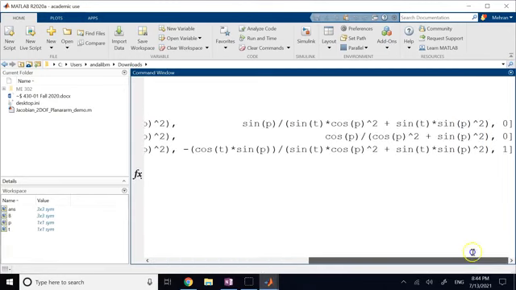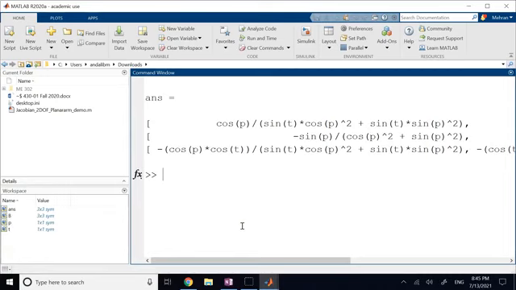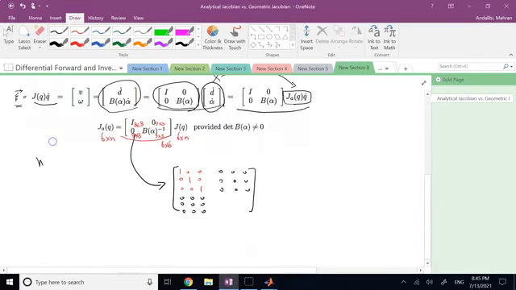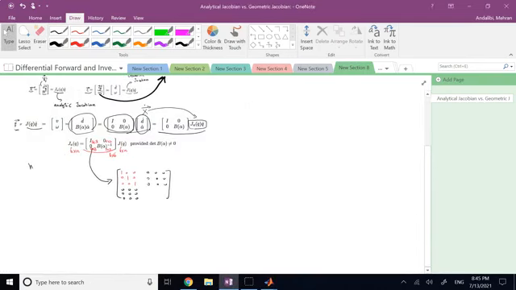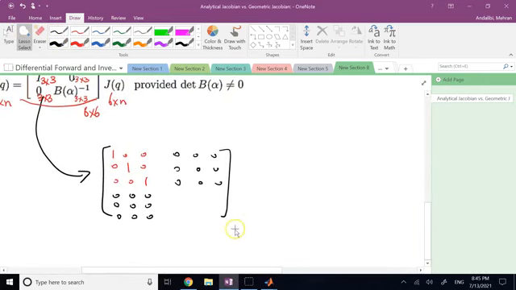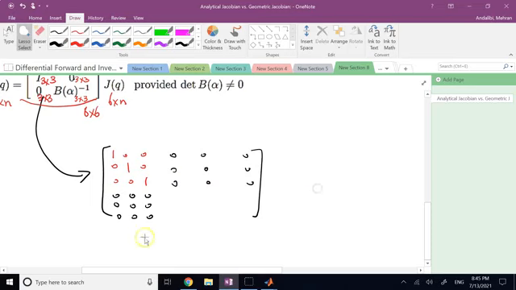Let me see if we can simplify the answer. Yes, it did. Good job. So it is going to be cosine psi divided by sine theta. So this part I have to make a little bit bigger. We'll see if we can expand this.